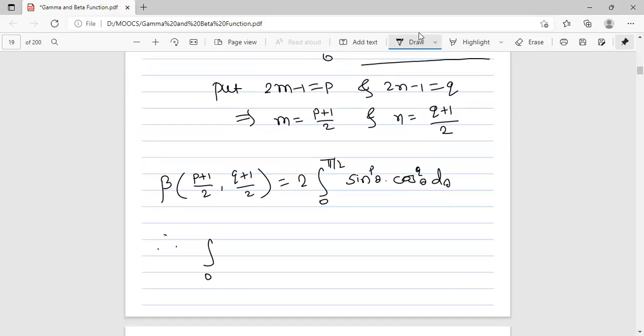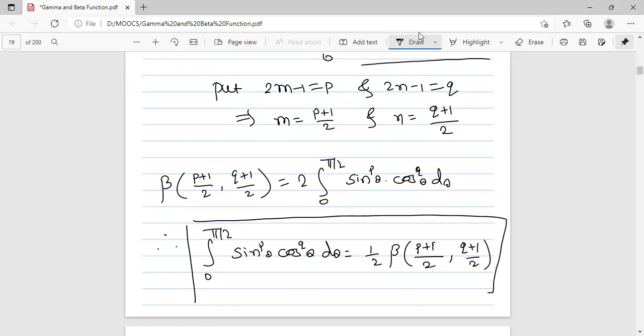Therefore I will write this reduction formula: the integral 0 to pi by 2 of sine raised to power p theta into cos raised to power q theta d theta is equal to 1 by 2 into beta of p plus 1 by 2, q plus 1 by 2. This is the reduction formula we are getting.